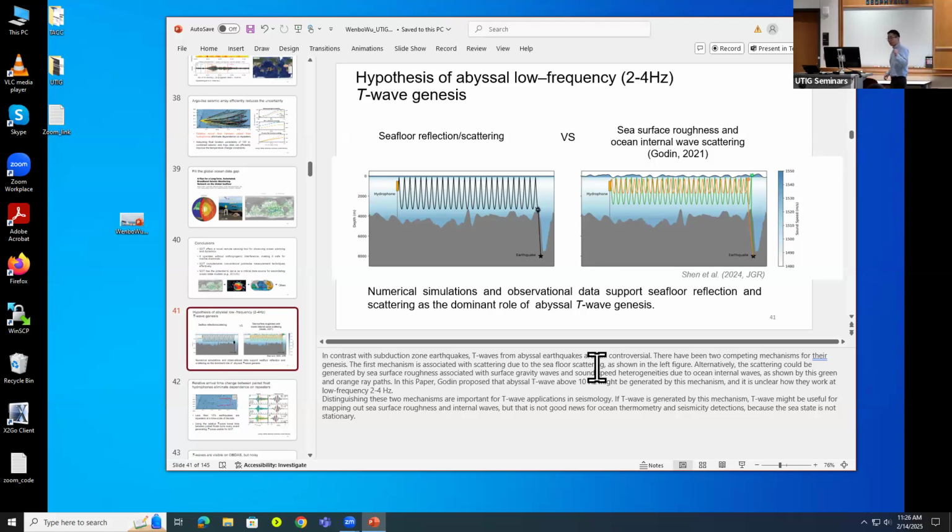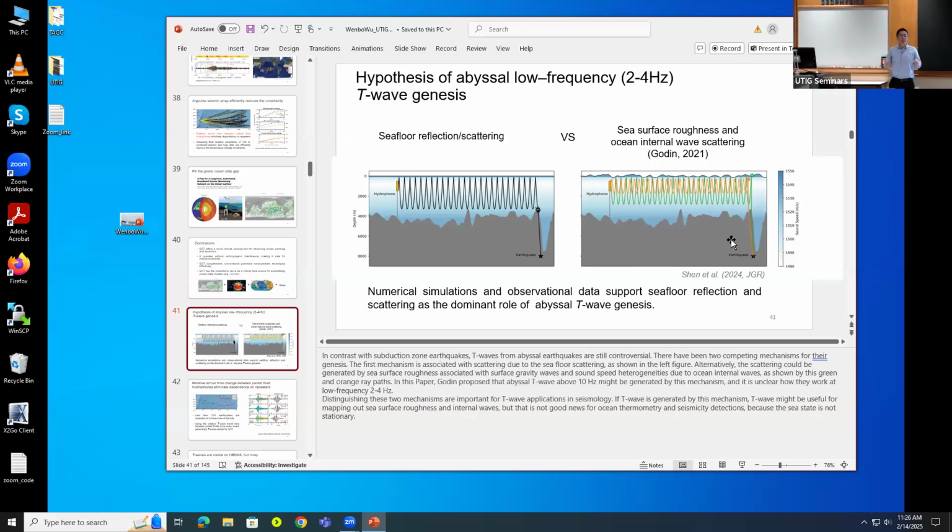Another question related to that is a proposed hypothesis that for mid-ocean ridge earthquakes, the T waves we observe may be generated by sea surface roughness or internal waves. If this is the case, we cannot use them for SOT using repeating earthquakes, because the sea state is different every second, every minute. In this published paper, we did some analysis using numerical simulations and observational data.